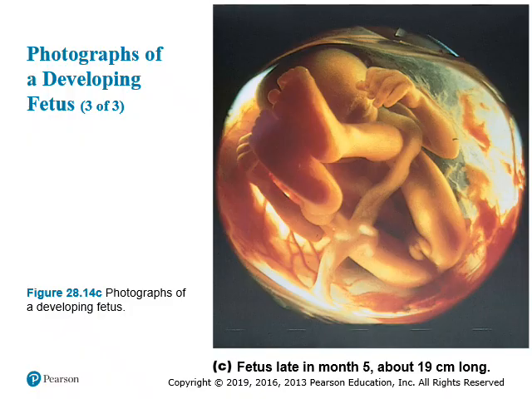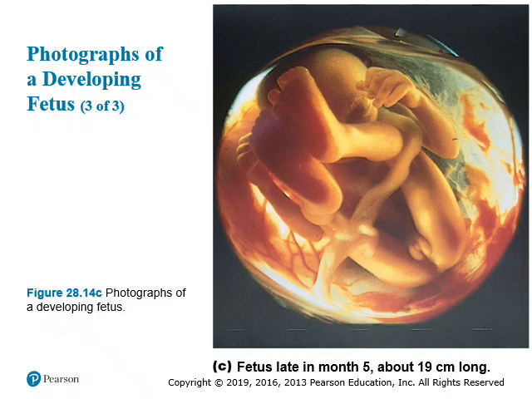So the fetal period, about weeks 9 up to 38, is a time of rapid growth of body structures that were established in the embryo. The fetus grows to about 14 inches and a weight of about 3.2 kilograms, or up to 7 pounds. Well, not all of them will be 7 pounds, but up to 7 pounds.